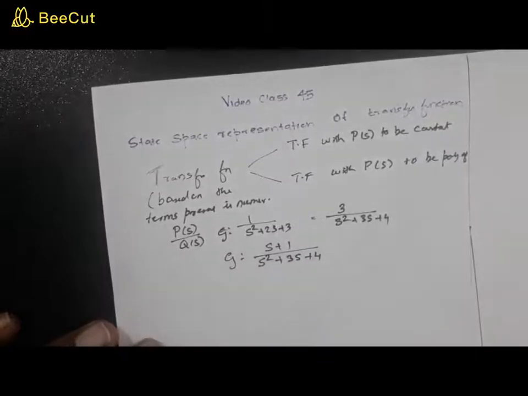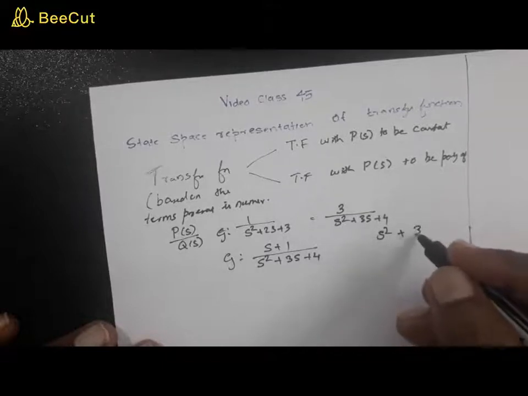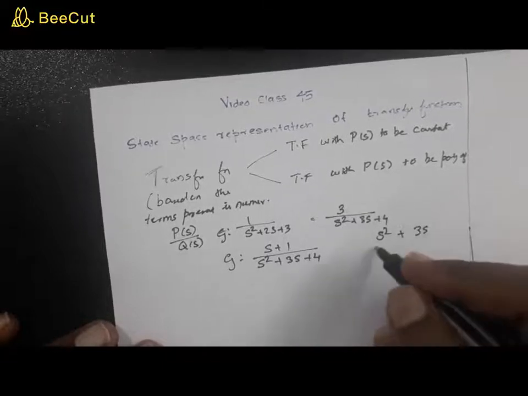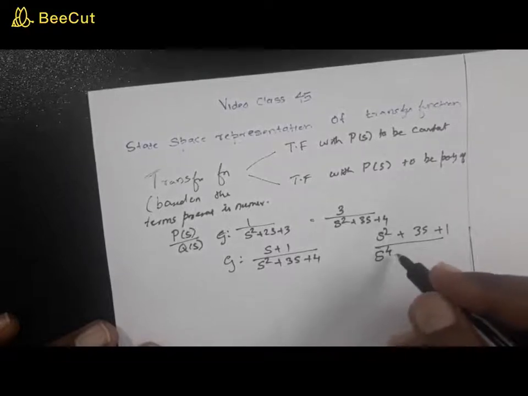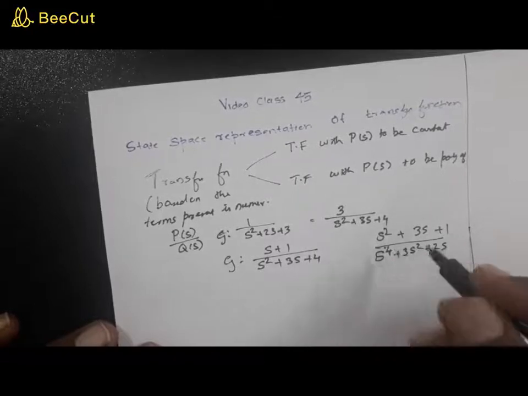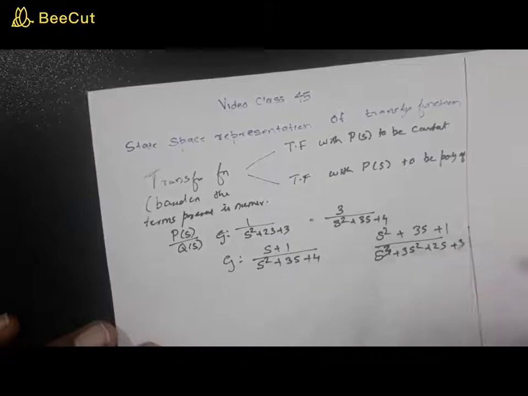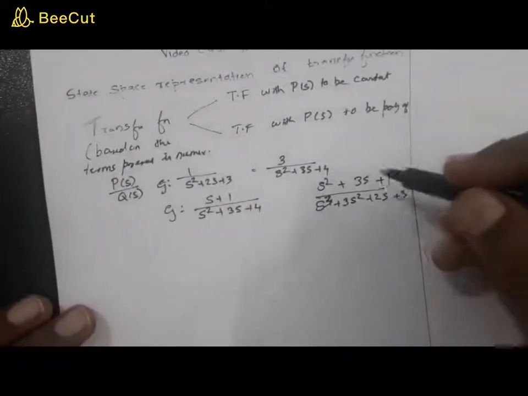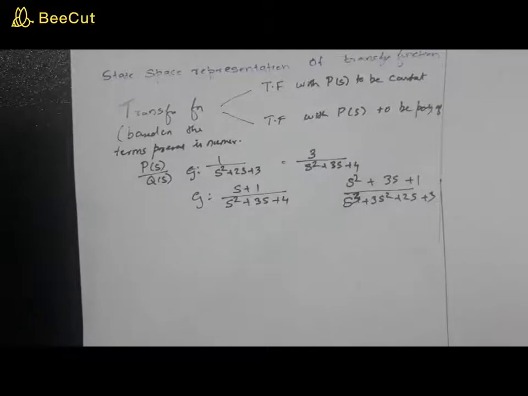Then you can have s square plus 3s plus 1 divided by s raised to 4 plus 3s cube plus 2s square plus 3. All these are examples of the second category, where p of s is a polynomial of s. So these are the two types of transfer function.